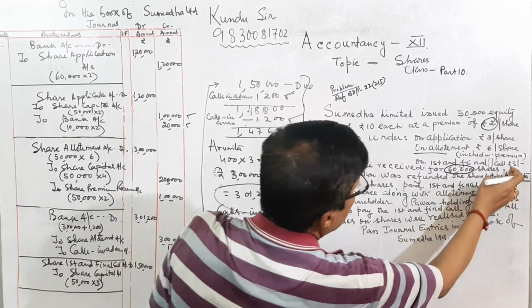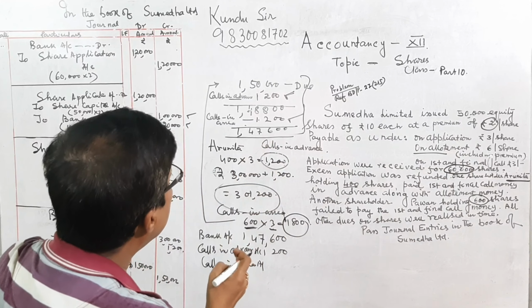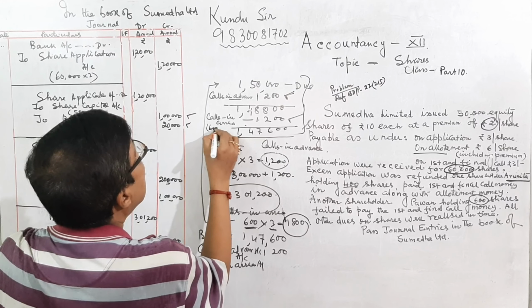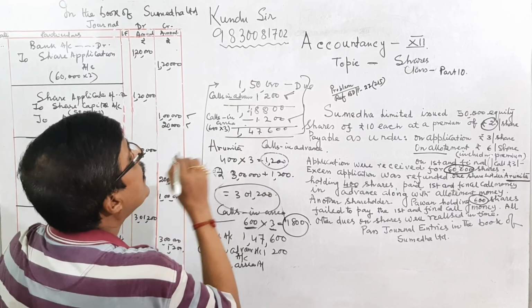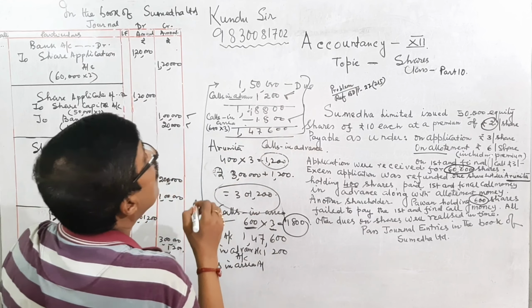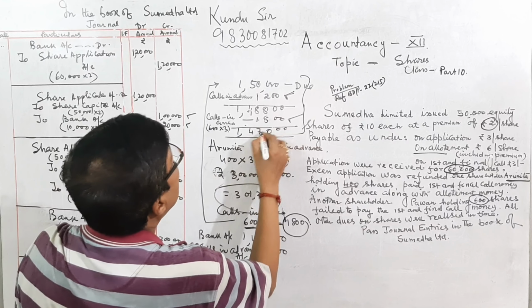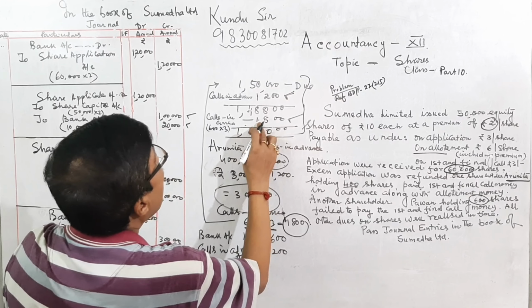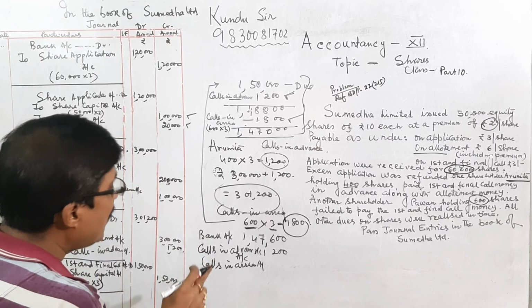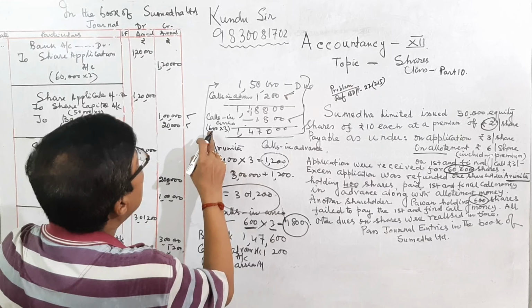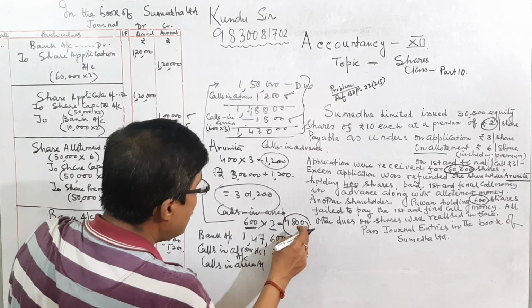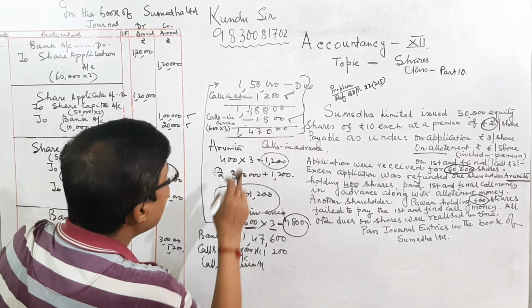That is 3 rupees into 600, 1800. So we are getting 1,47,000 only, because 600 into 3, Pawan is not giving 1800.